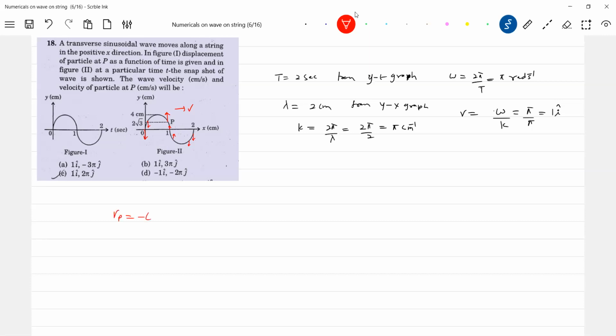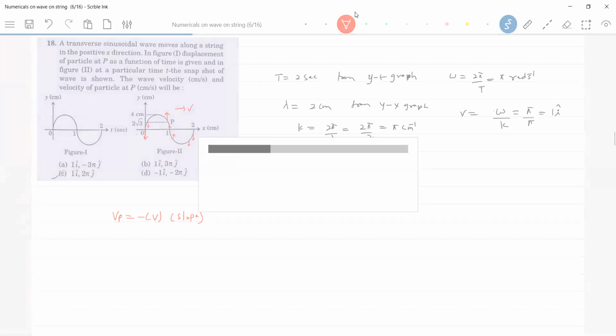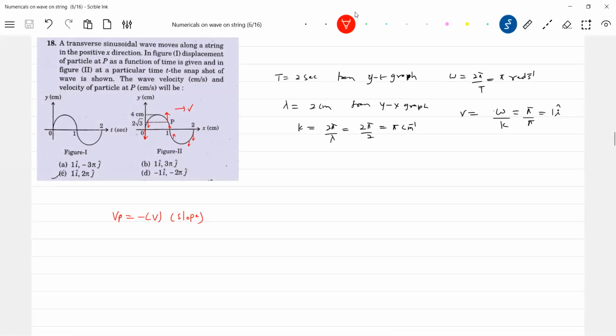We know the formula. You look at this, we have the wave speed. We don't know the slope, no. So what to do now?